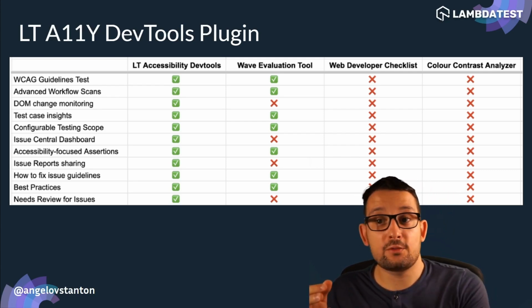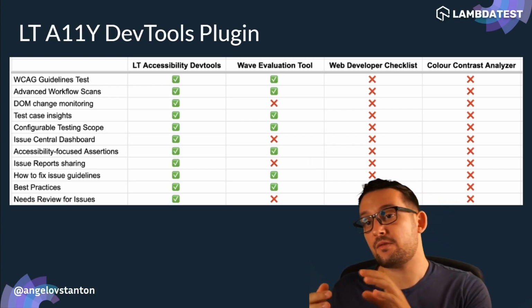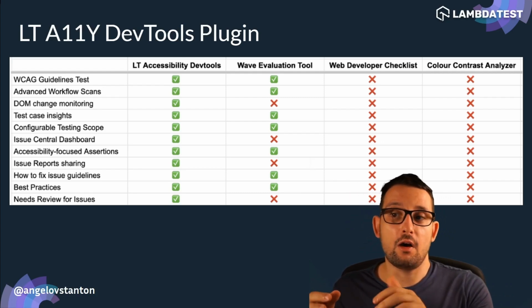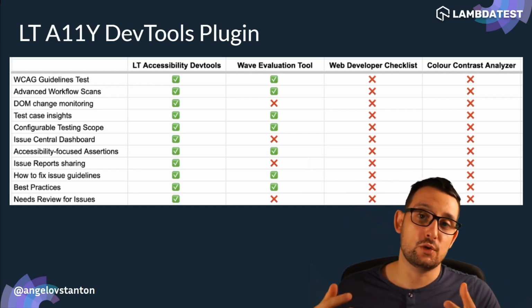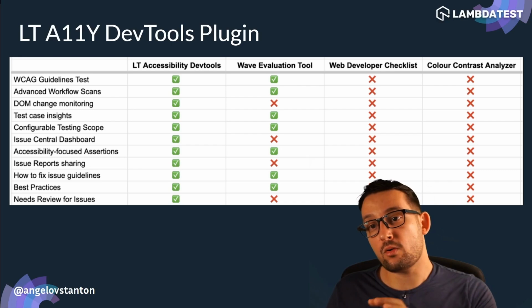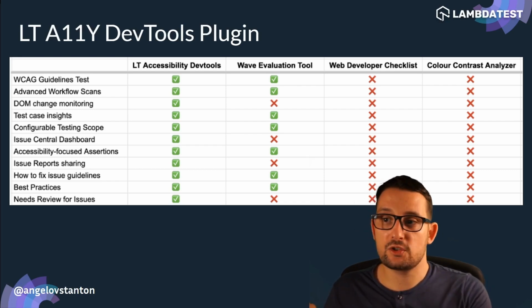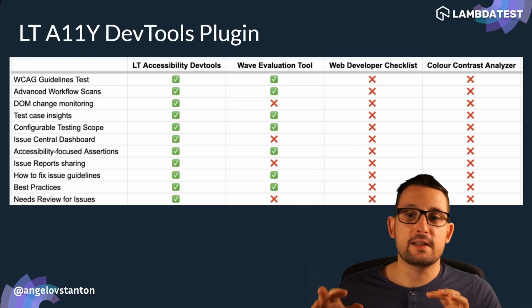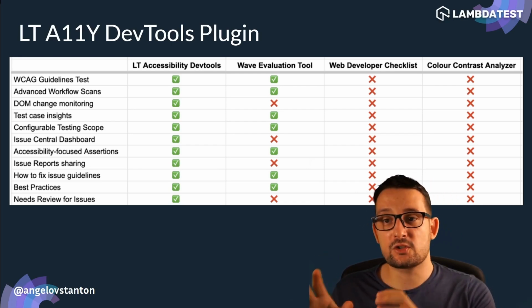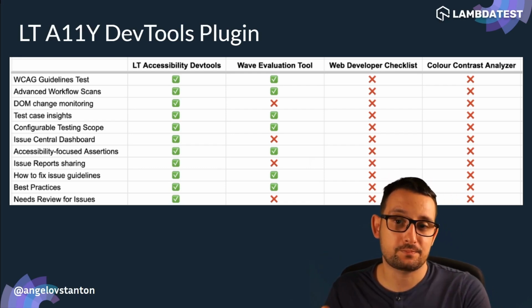After a scan, the DevTools generate a comprehensive report that details all identified accessibility issues. This report includes the severity level, critical, serious, or minor, of each issue, along with a clear explanation and suggested remediation steps.